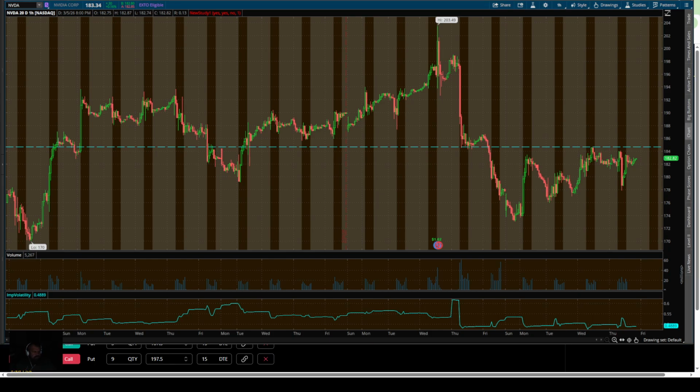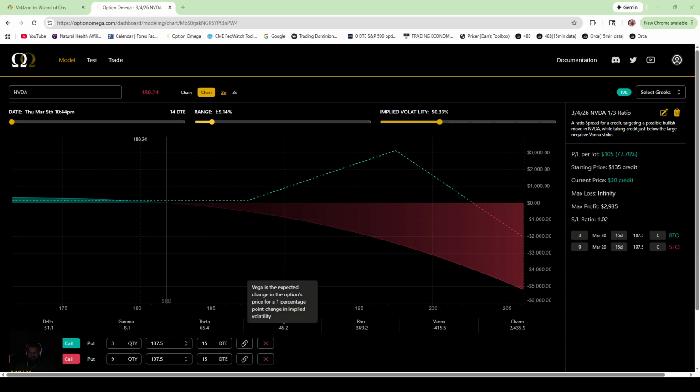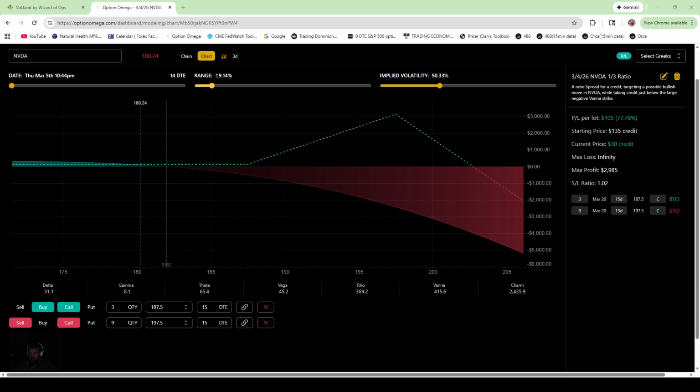So this is the position that I put on. It is a 3-to-9 ratio spread, basically 1-to-3 times 3. And so this is going to be, of course, the expiration P&L of it. Now you can see, putting the position on, initially we're going to have negative deltas.